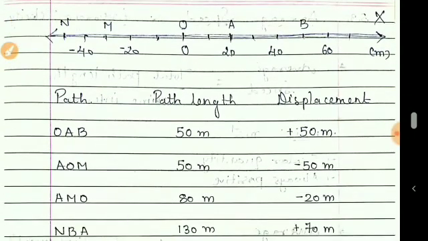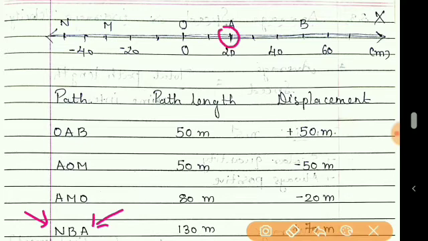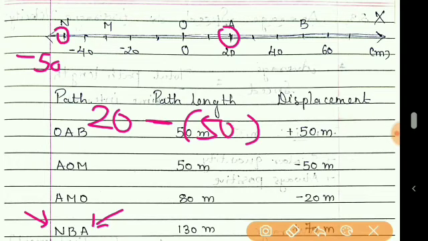Now for displacement, what do we have to consider? We have to consider initial position and the final position. Final position is A, initial position is N, which is minus 50. So now let us apply that formula: final position, which is 20, minus initial position, which is 50. So 50 is in the negative x direction, so here we have to put minus.